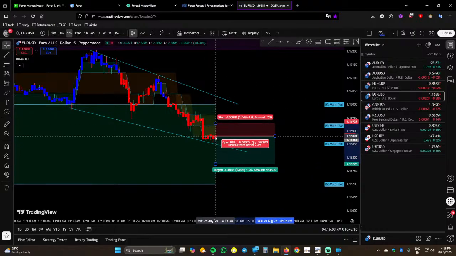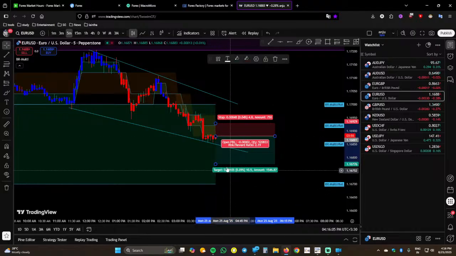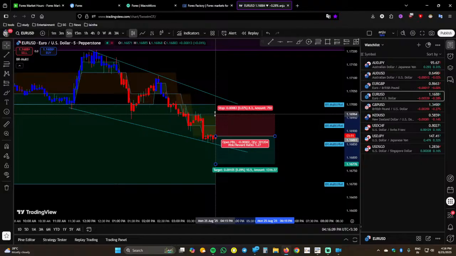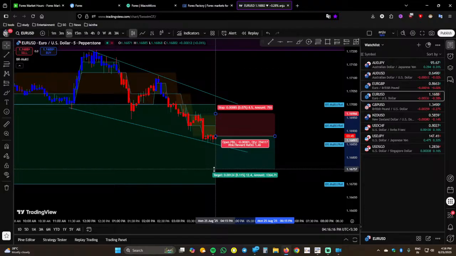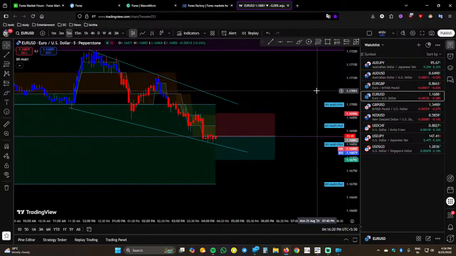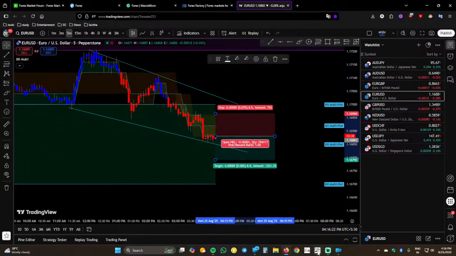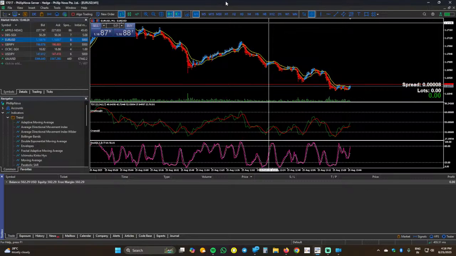So I'll take this trade on EUR USD 5-minute. I'll give my stops a little more breathable room, put it here. I'll target 1 to 1.5 or 1 to 1, or is 1:1 on the initial stage.